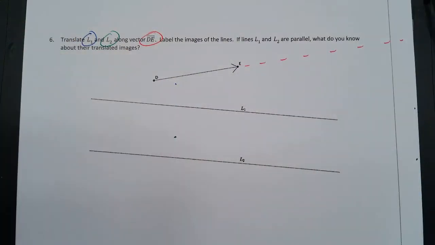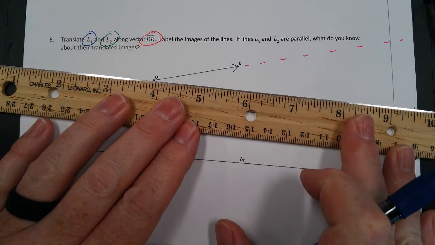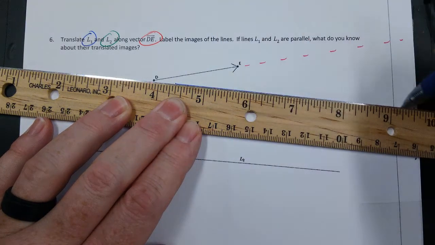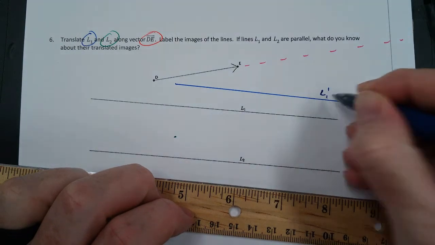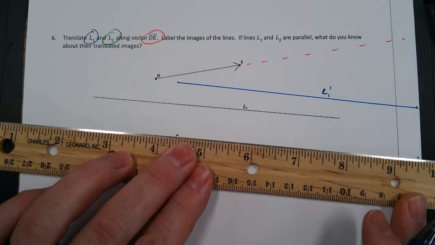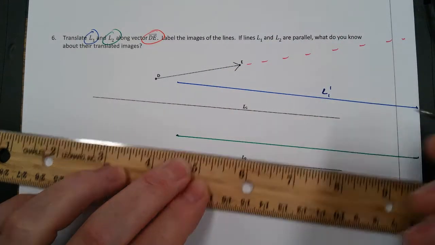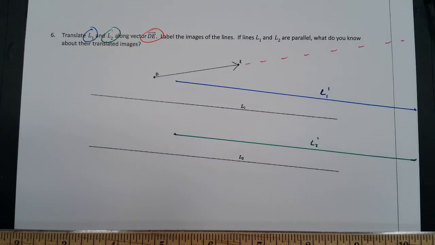There we go. So let's connect the dots. Where did L1 go after the translation? This is the image of L1. And this right here is the image of L2. So I just translated two lines.